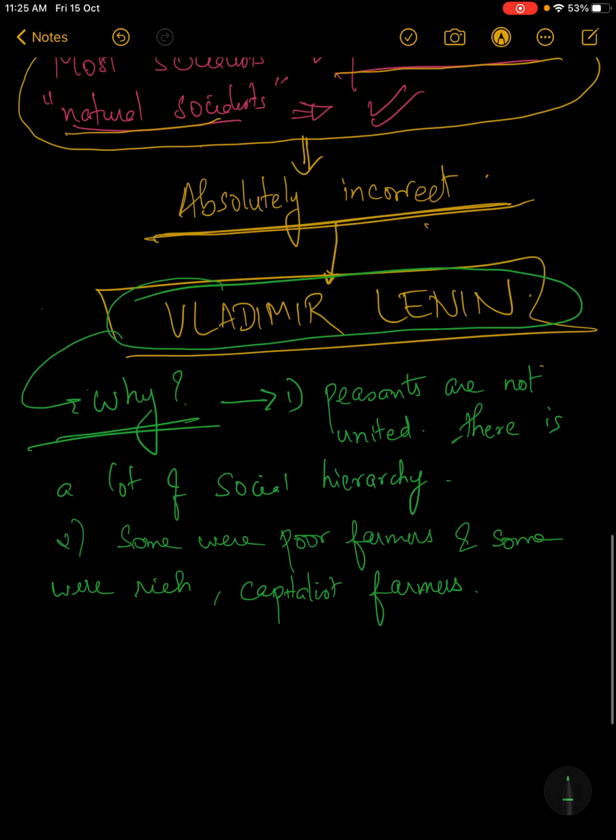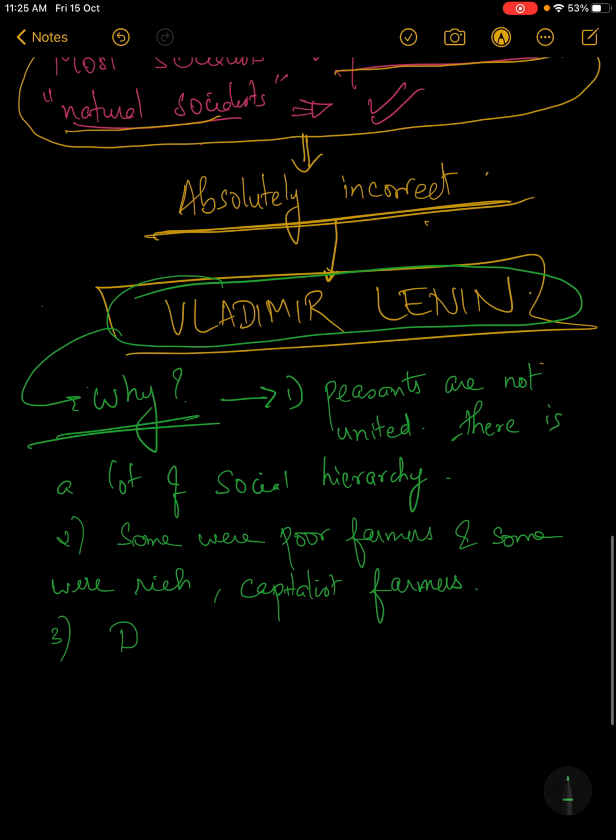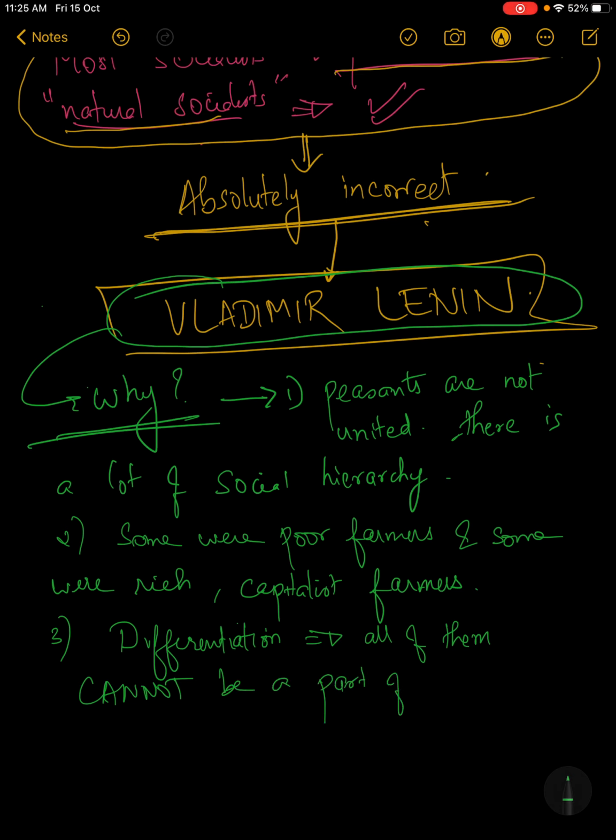Are you able to understand what he's saying? So he said that there is a differentiation because of which all of them cannot be a part of the socialist revolution.